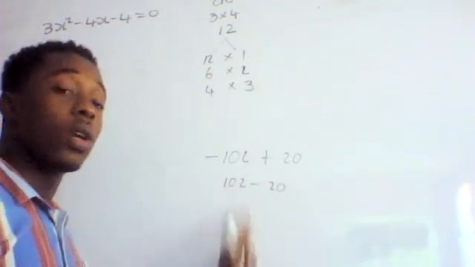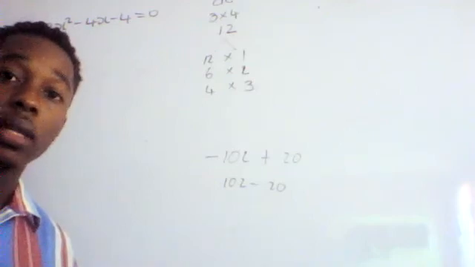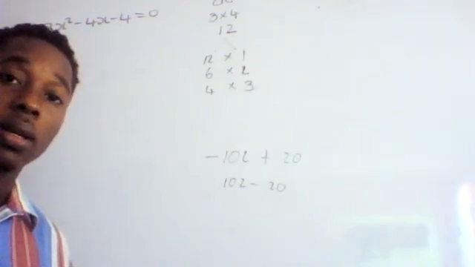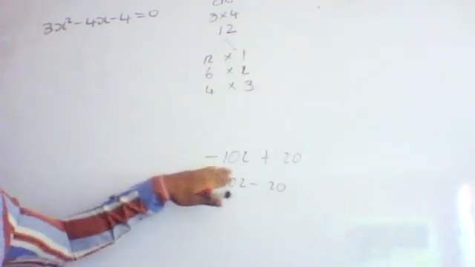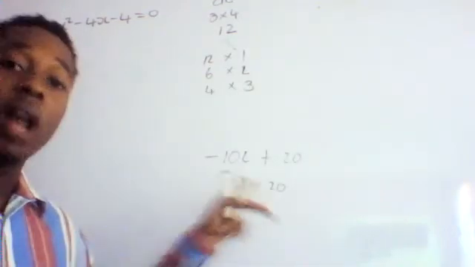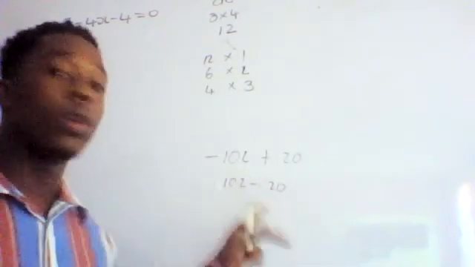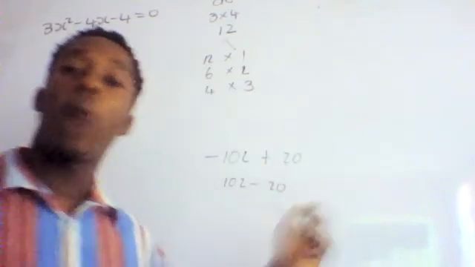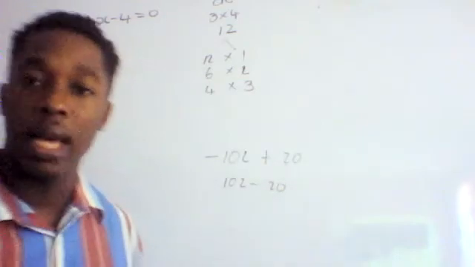So guess what? You are now going to have a positive value. Once the negative value is larger than the positive value, your result is going to be negative when you're adding them. And if your positive value is larger than your negative value, then your result is going to be positive. So the one that is larger gets the sign.